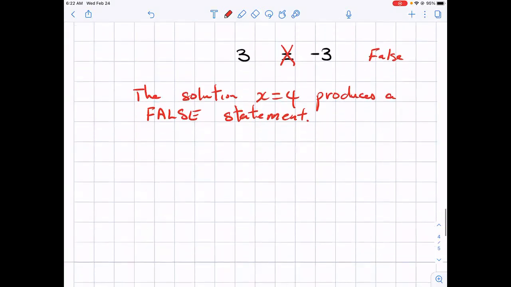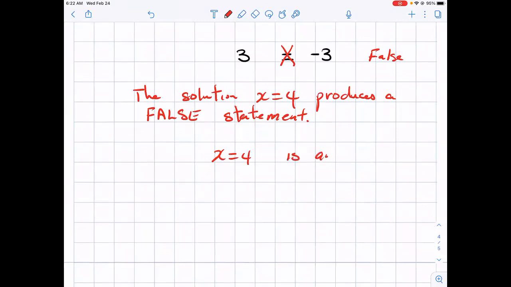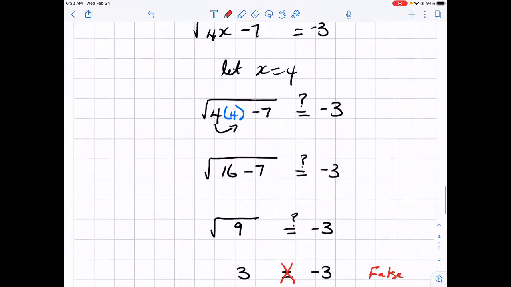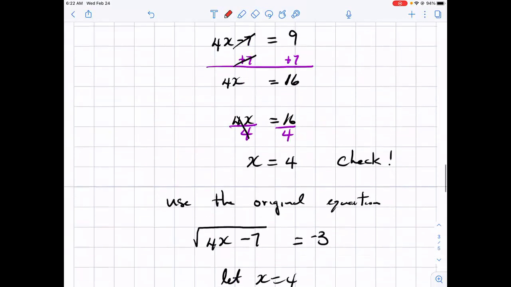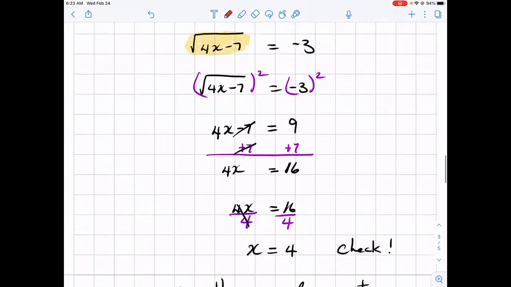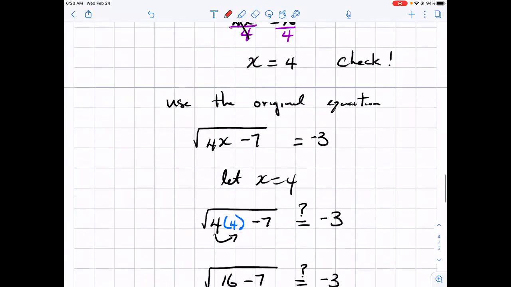So x equals 4 in this case is an extraneous solution. It's an extraneous solution. It will satisfy the equation that we squared, okay, but it does not satisfy the original equation.